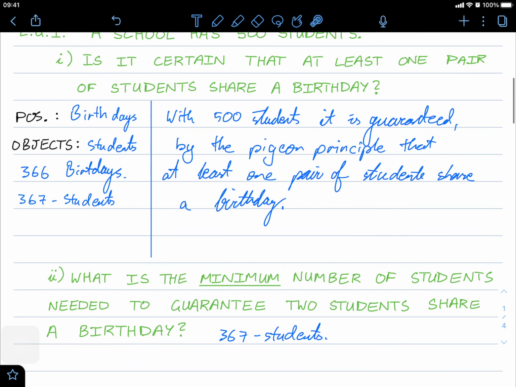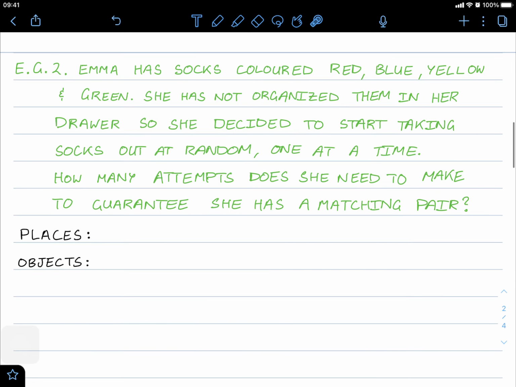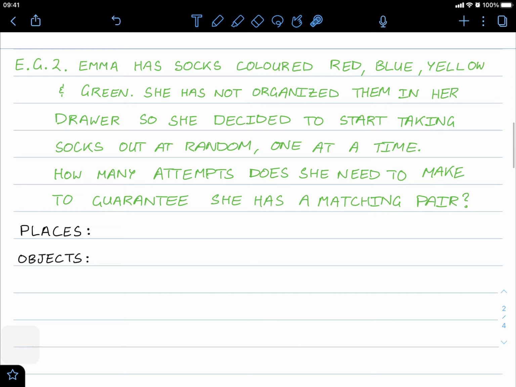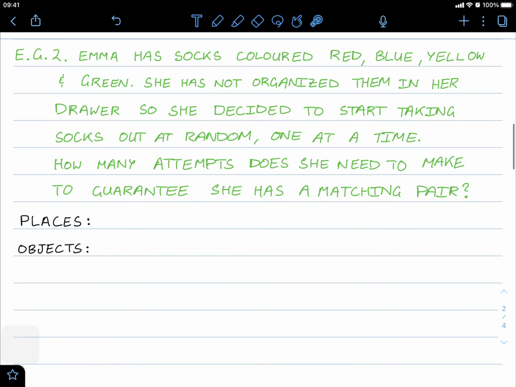Like I demonstrated before, for Emma, she could get absolutely lucky and need just 2 attempts. She takes the first one, it's red, and the second sock could be red, but that's not a guarantee. So just as before, let's figure out the objects and the positions or places.